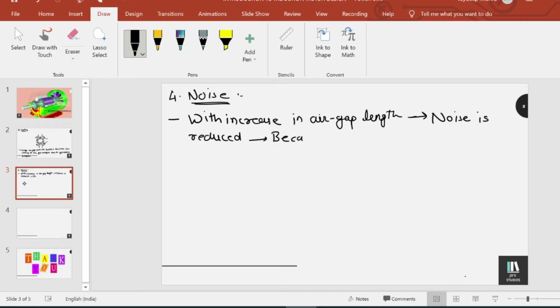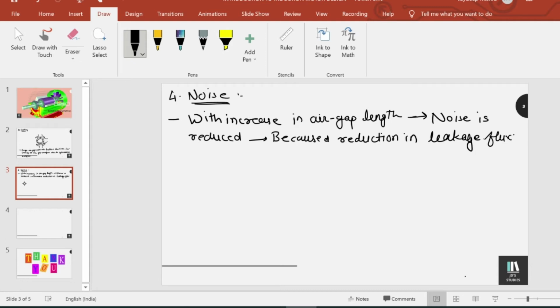Because of the reduction in leakage flux. Leakage flux causes noise.